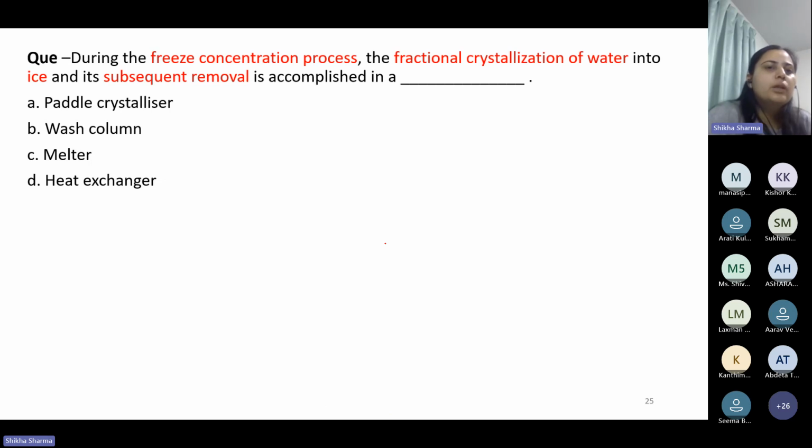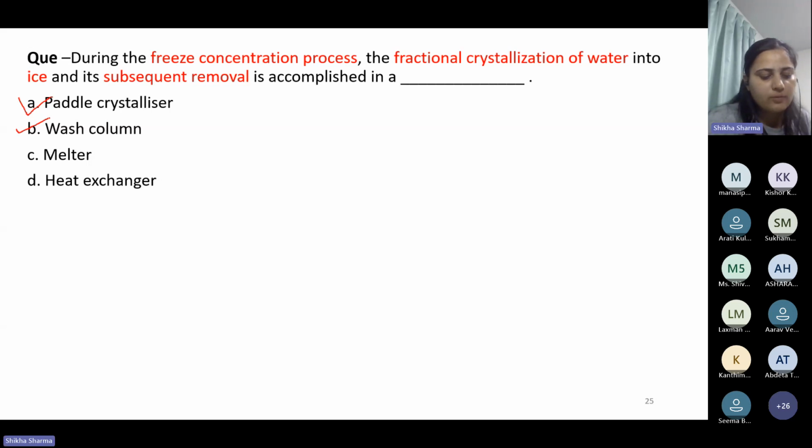Next question: during the freeze concentration process, the fractional crystallization of water into ice and its subsequent removal is accomplished in a paddle crystallizer, wash column, melter, or heat exchanger. There is a confusion between paddle crystallizer and wash column.